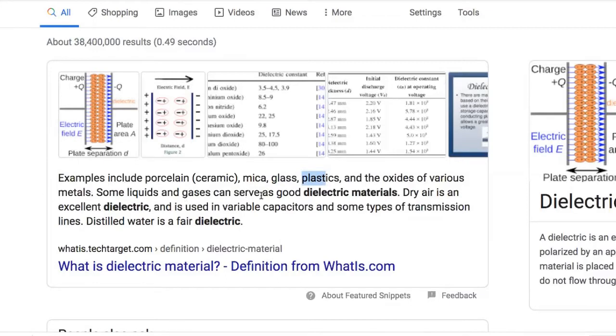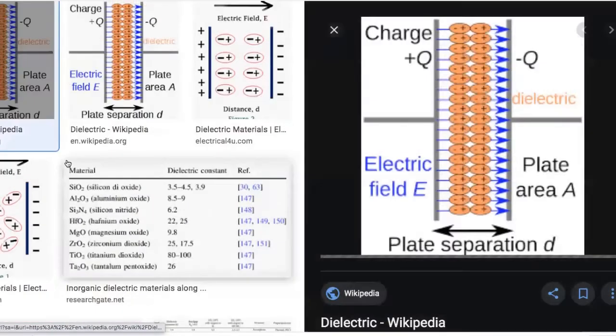Some liquids and gases can serve as good dielectric materials. That's interesting, liquids and gases. Dry air is an excellent dielectric and is used in variable capacitors and some types of transmission lines. Distilled water is a fair dielectric. So you can see a whole range of different dielectric materials you can put. And you can see some images here.